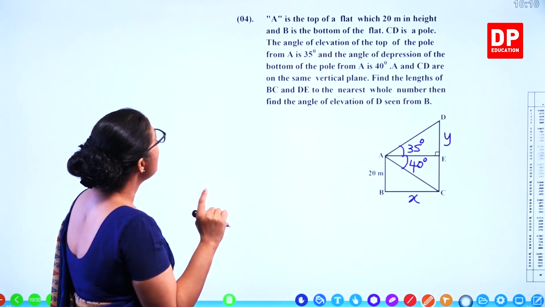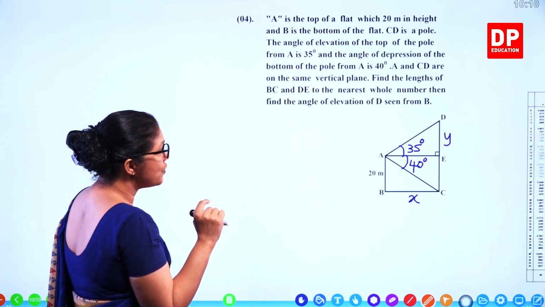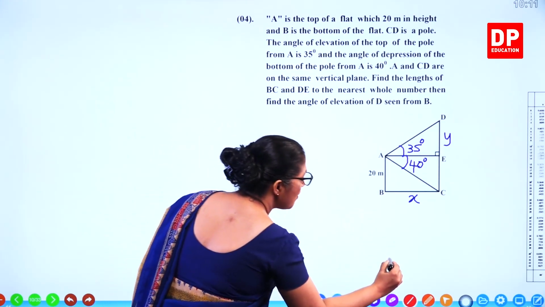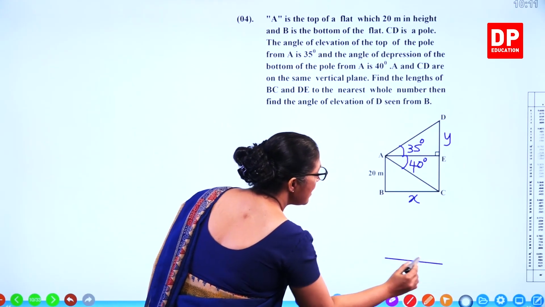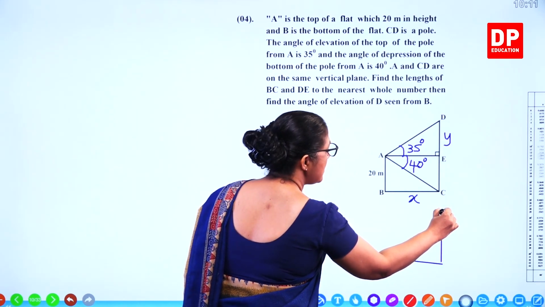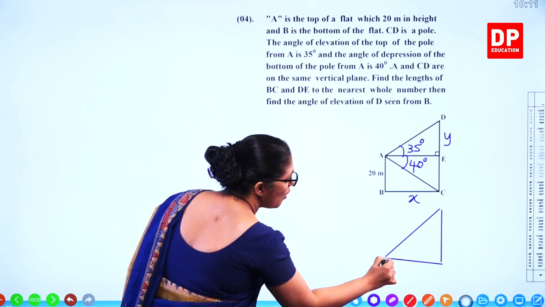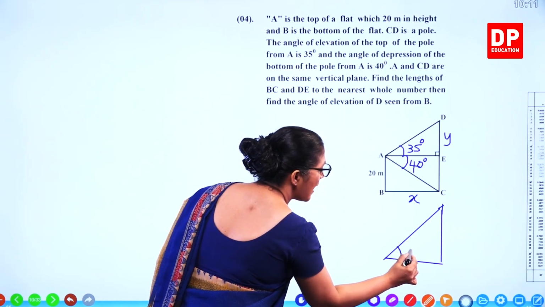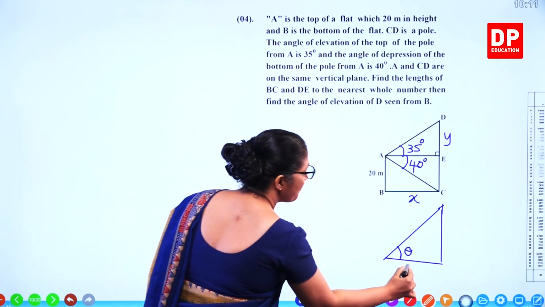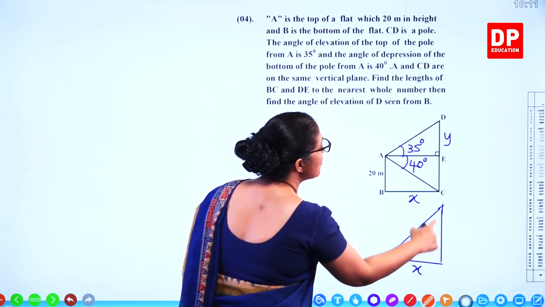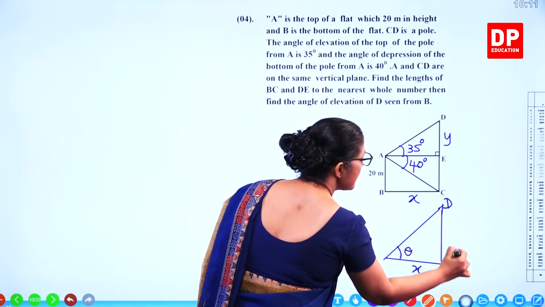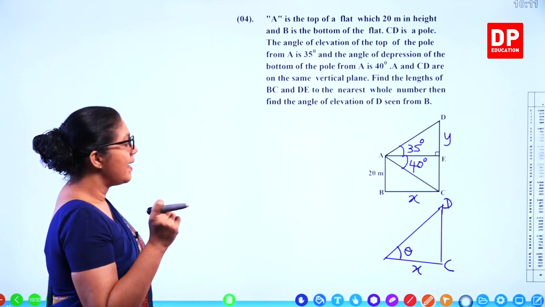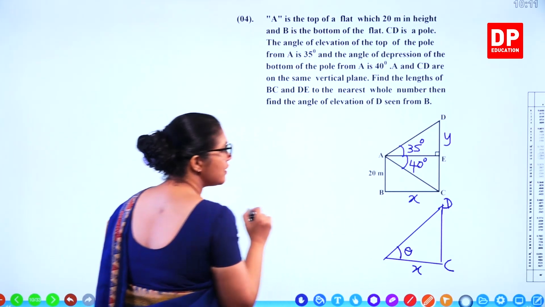And then find the angle of elevation of D seen from B. If you draw the diagram, this is BC and this is CD, and we need to find this angle theta. So we have to find three things: X, Y, and the angle of elevation theta.